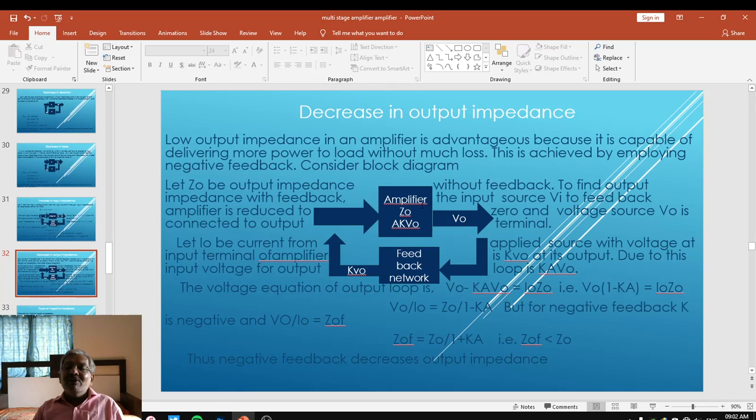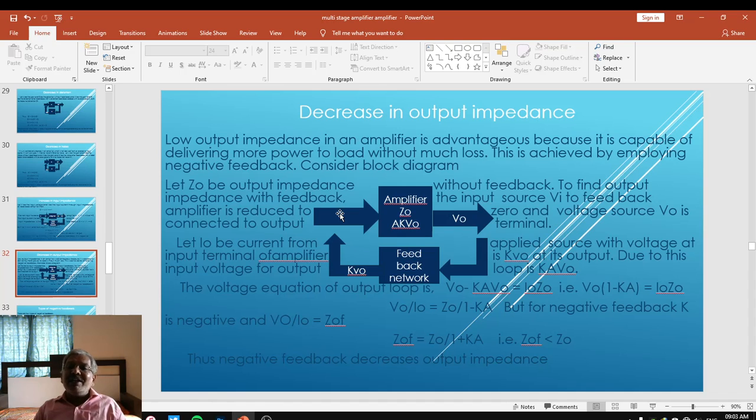Let Zo be the output impedance and A into K into Vo be the input source as far as the basic amplifier is considered. The role of the feedback network is to feed part of the output voltage Vo, the voltage source which is connected externally, K Vo, back to the input.